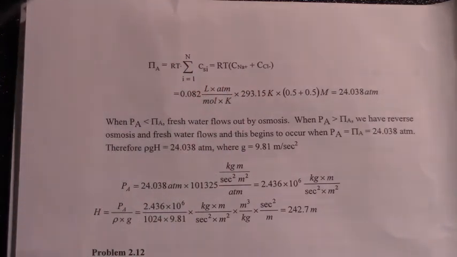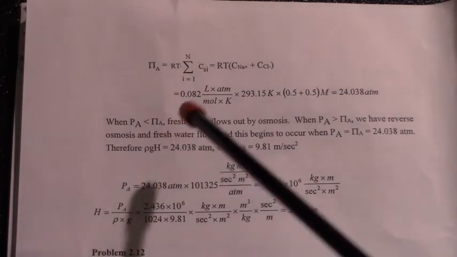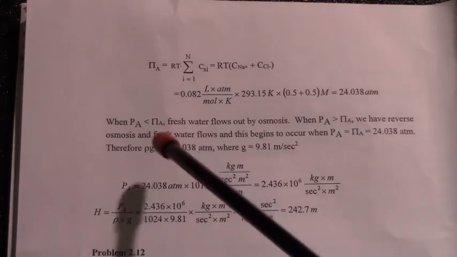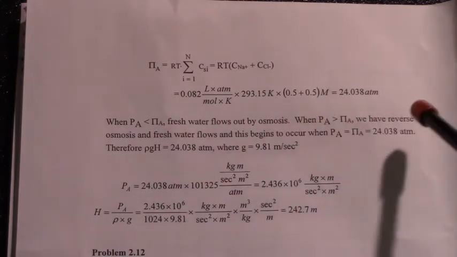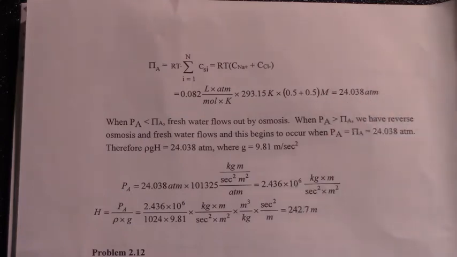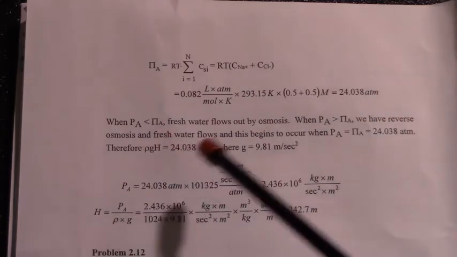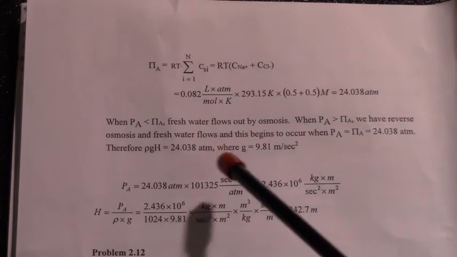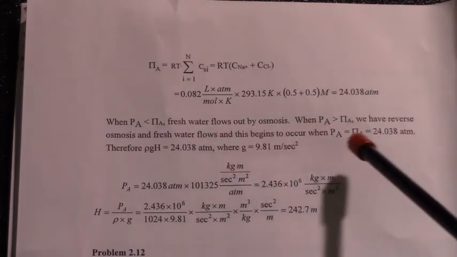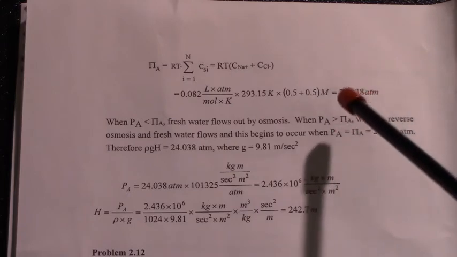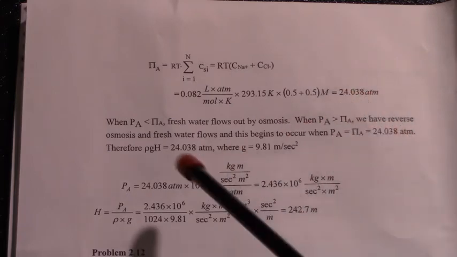Here's the gas constant. So when the local pressure is less than the osmotic pressure of seawater, fresh water is going to flow out by osmosis. When pA is greater than the osmotic pressure of seawater, we have reverse osmosis and fresh water flows. And this begins to occur, based on our calculation, at 24 atmospheres.